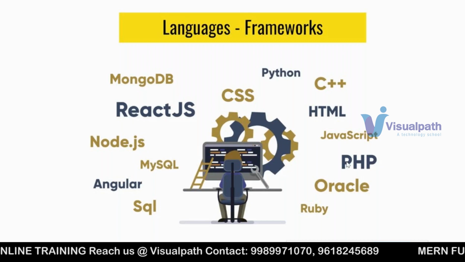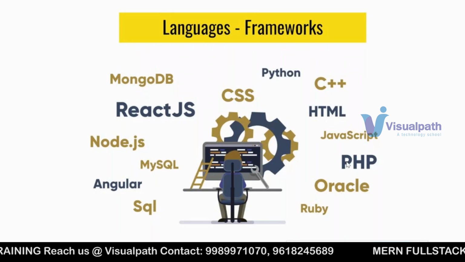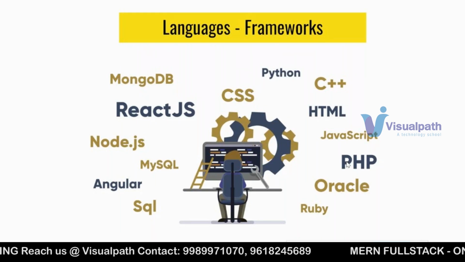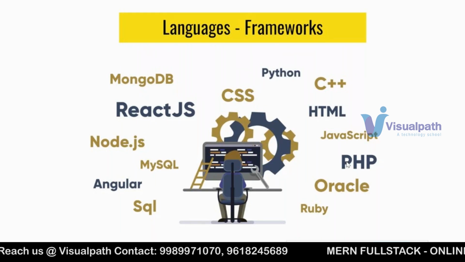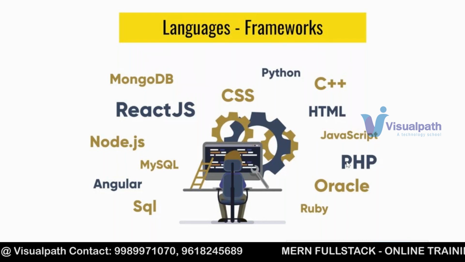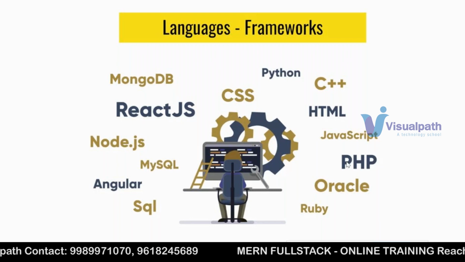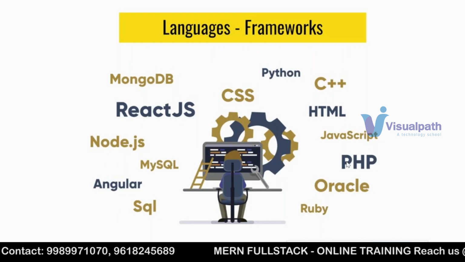And you have databases like MySQL, MongoDB, and Oracle. This is a combination of markup languages, front end frameworks, a back end, and some databases, which we'll be using for the full stack.